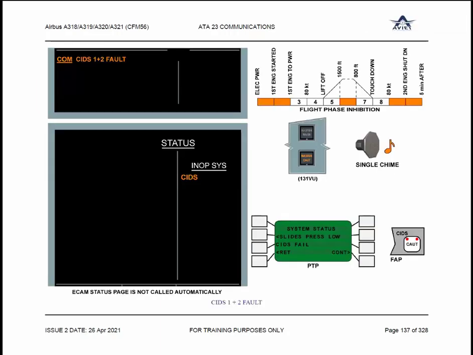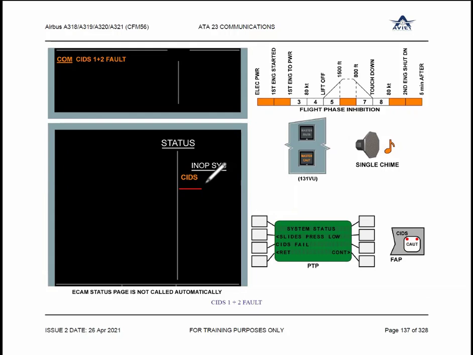So in case of SIDS 1+2 fault, communication SIDS 1+2 fault will be the ECAM message. That is the only message you will see on the ECAM for the SIDS. Otherwise, you will not see any message on the ECAM for SIDS failure. And here, SIDS is inoperative.